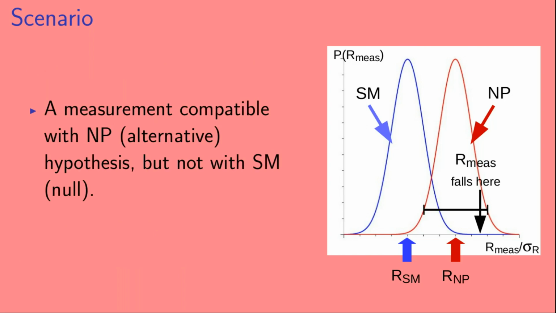Here we show a measurement that would be considered compatible with the new physics alternative hypothesis, but not with the standard model null hypothesis. You can see that here R measured has fallen far from RSM, but within the bar of 2 sigma R around R new physics.